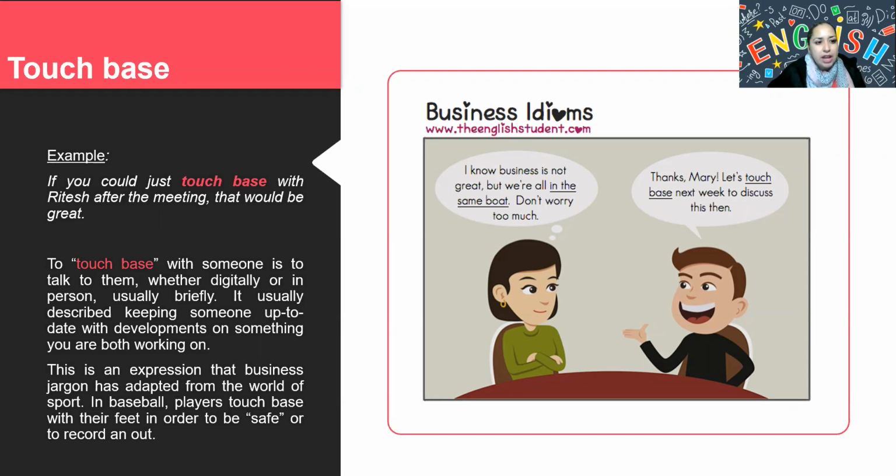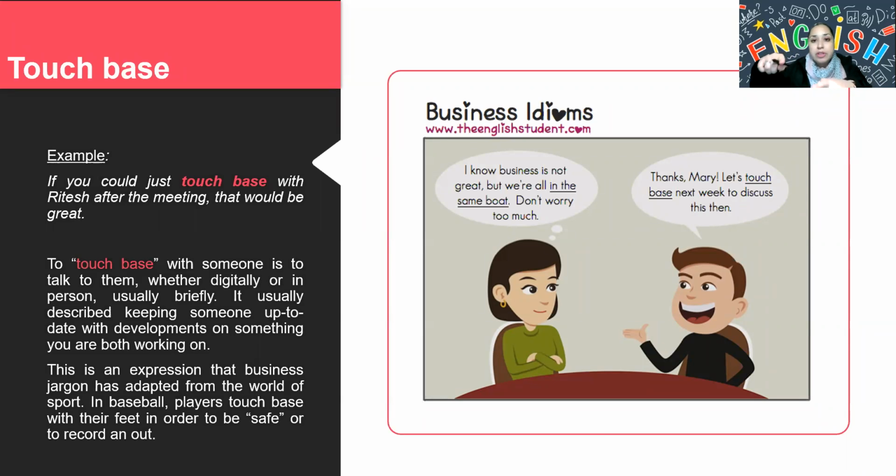Let's see the definition. To touch base with someone is to talk to them, whether digitally or in person. So to touch base actually means to get together with the other person. It could mean to go to your boss, the director, the manager and meet with them. That's touching base. It usually describes keeping someone up to date with developments on something you're both working on.